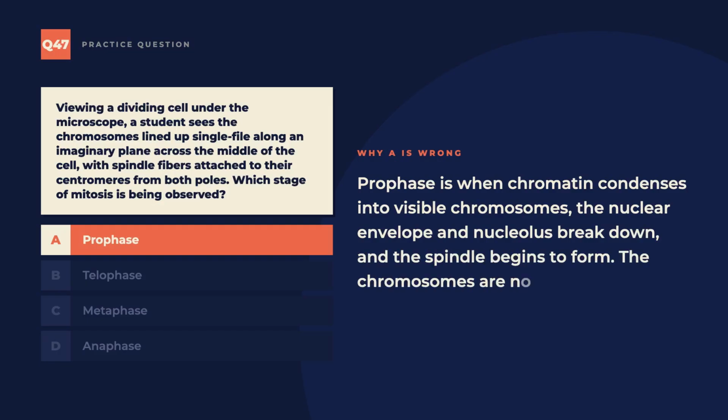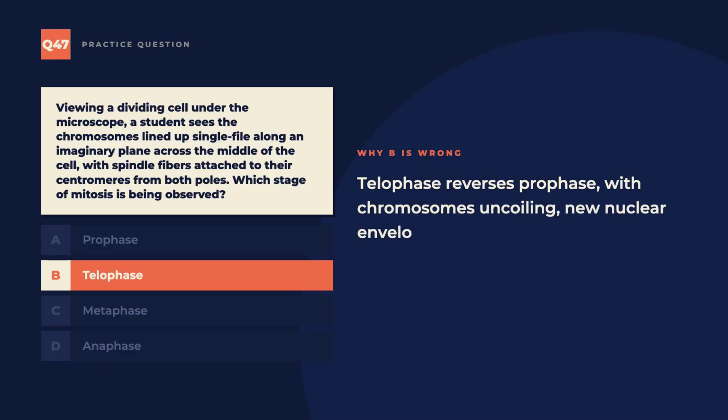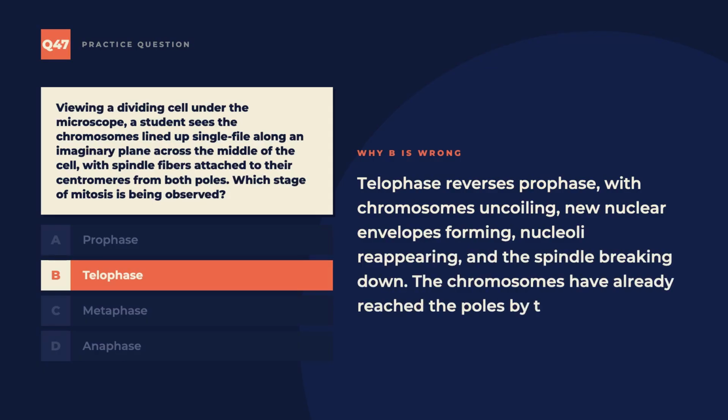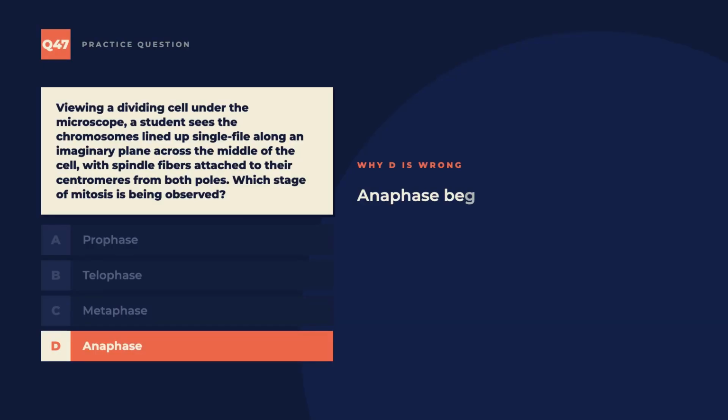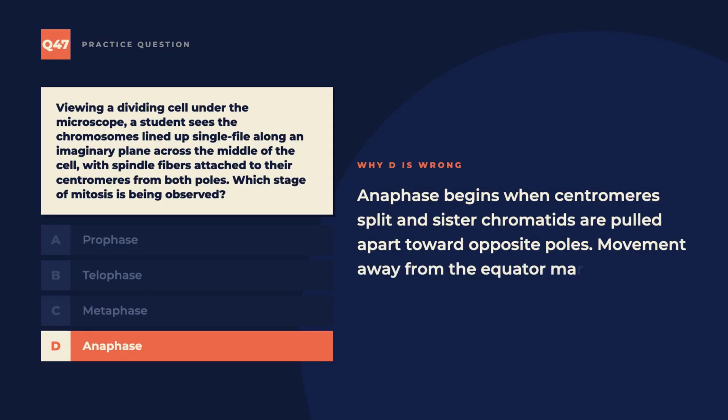The chromosomes are not yet aligned at that point. B is wrong because telophase reverses prophase, with chromosomes uncoiling, new nuclear envelopes forming, nucleoli reappearing, and the spindle breaking down. The chromosomes have already reached the poles by then. D is wrong because anaphase begins when centromeres split and sister chromatids are pulled apart toward opposite poles. Movement away from the equator marks it, not alignment at the equator.